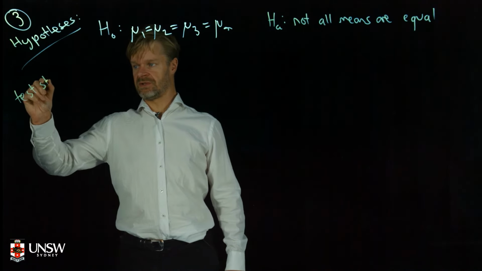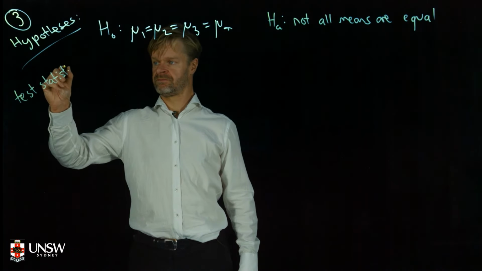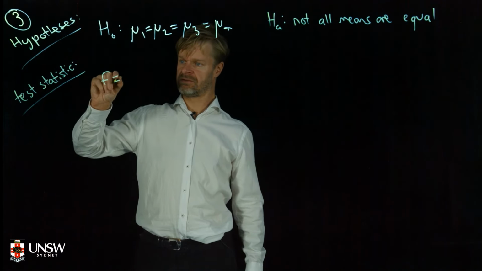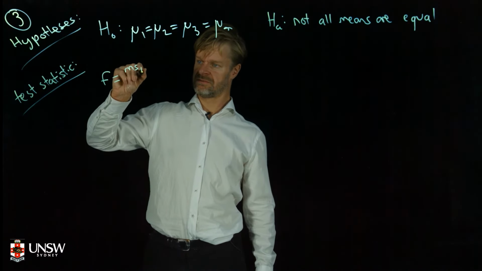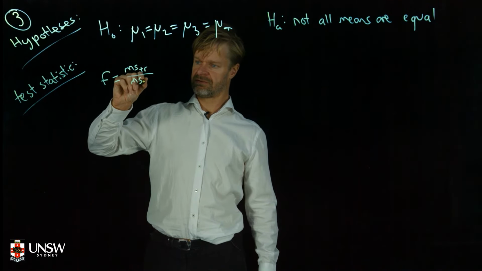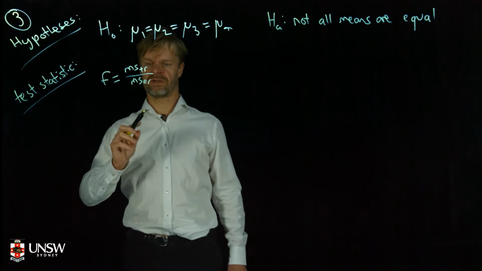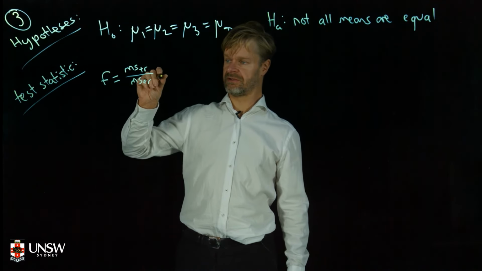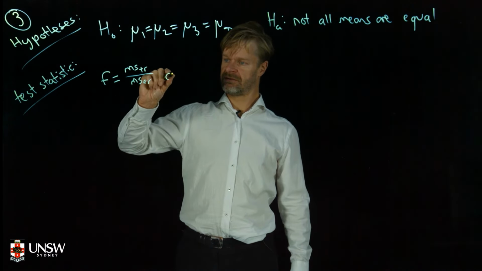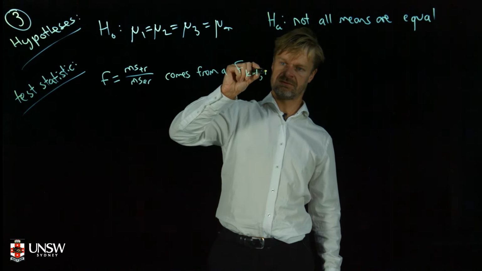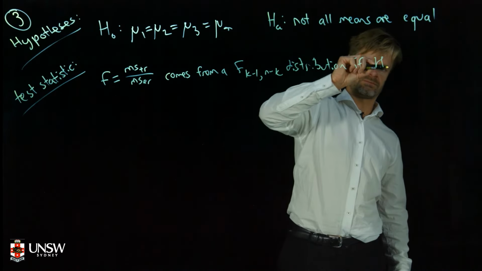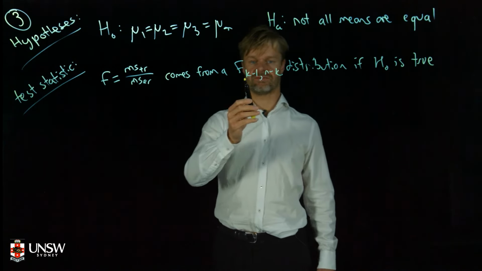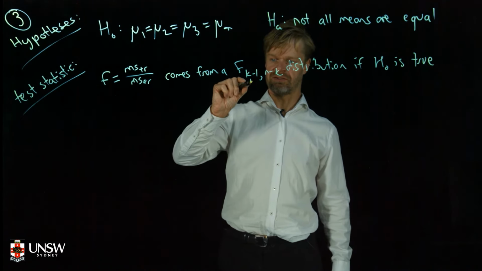What test statistic will we use? Let's use an F statistic. I'm using lowercase now. Lowercase is what you usually use when you're talking about an observed value of something. If the null hypothesis is true, this thing comes from an F k minus 1, comma, n minus k distribution.